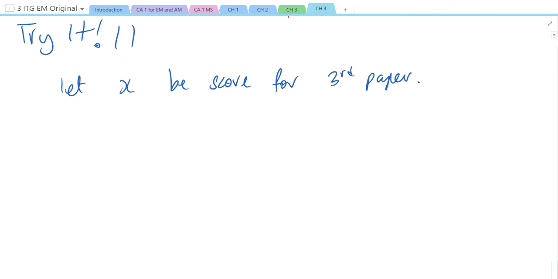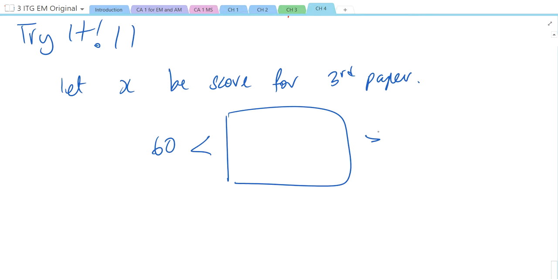Let us say that the mean is more than 60, less than or equal to 75. Something is more than 60, but less than or equal to 75. Does this make sense to you? We are reinterpreting the question.